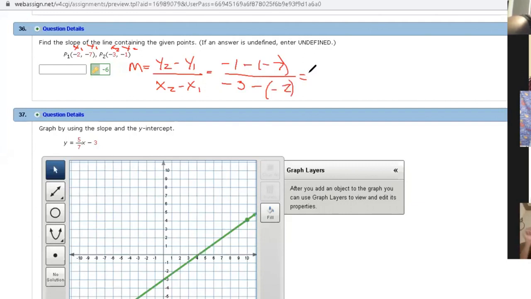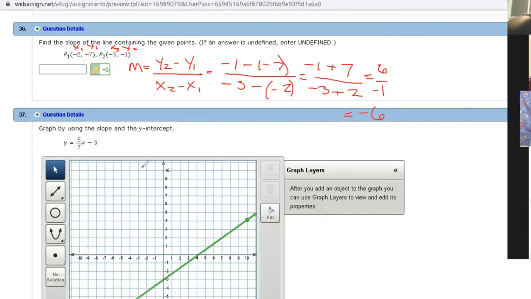All right, so we got -1 plus 7 and -3 plus 2, and that can be further simplified to 6 over -1, which is -6.